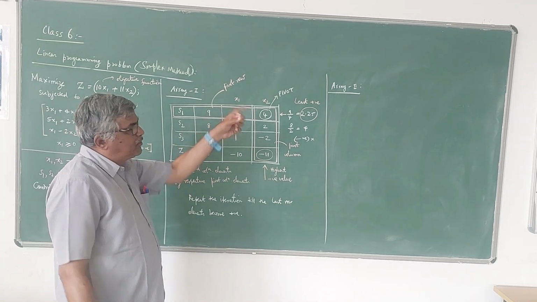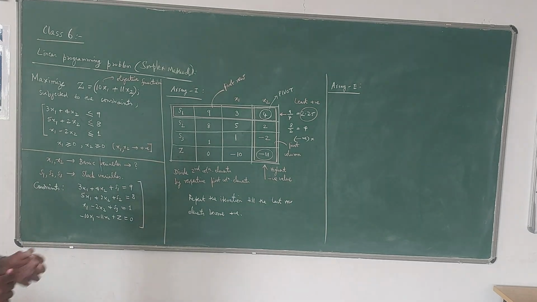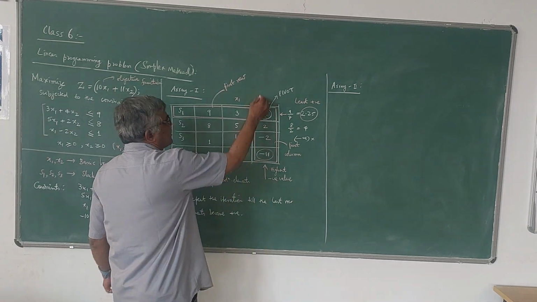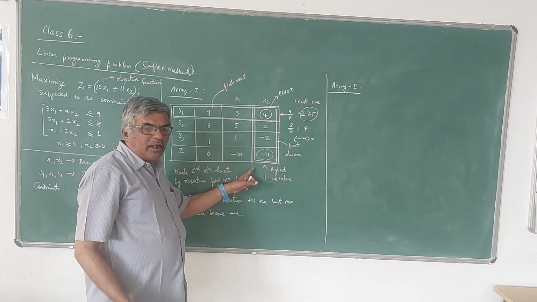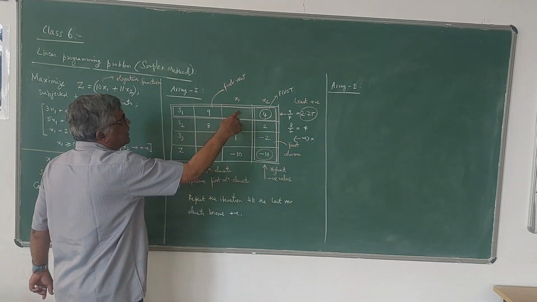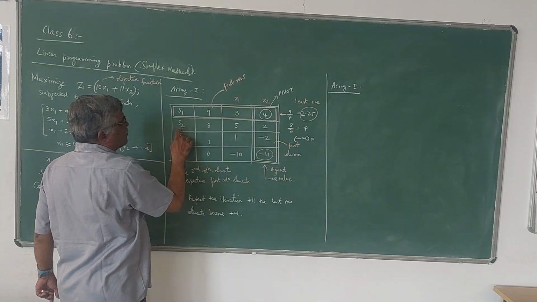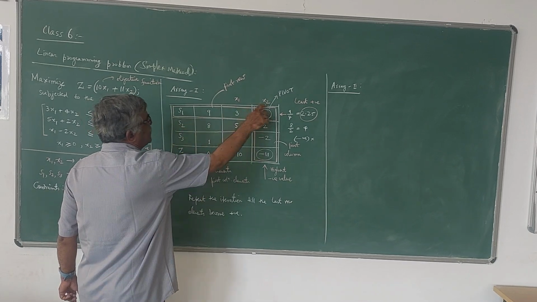Now, to get the second array, this x2 corresponding to s2 is the pivot column. So x2 and s2 should be interchanged.